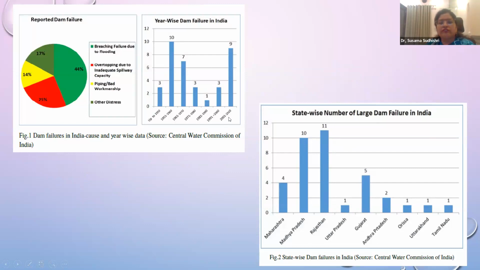But gradually, 2001 to 2010 also, there is a large number of dam failures. And what are the reasons? Breaching due to flooding in some of the dams is 44%, the highest, followed by overtopping. As I have already shown, these are the main reasons of failure of dams.